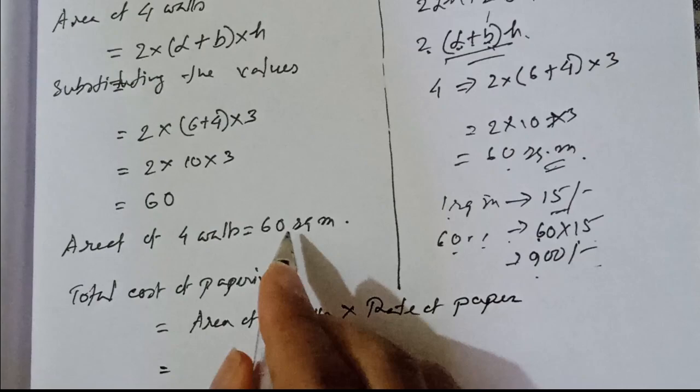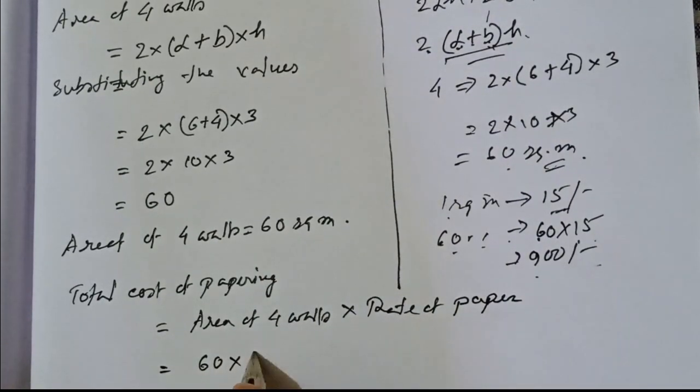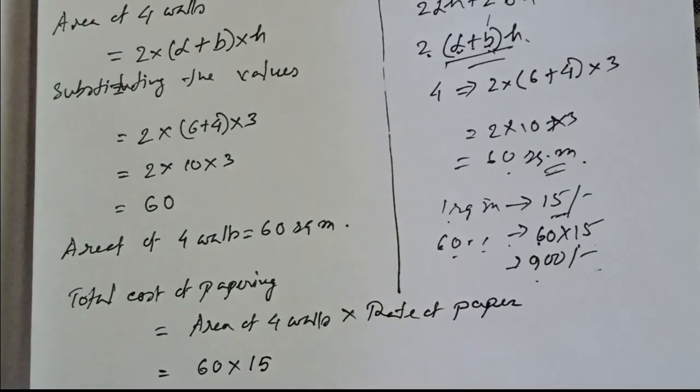What is the area of four walls? It is 60. And what is the rate of paper? It is rupees 15, which is equal to 900.